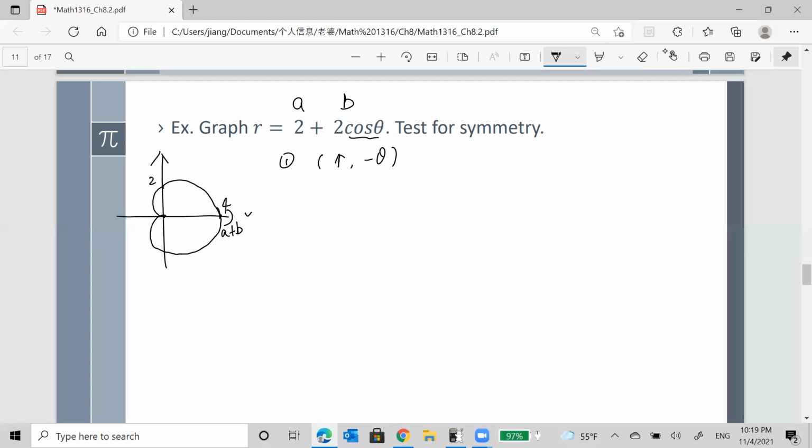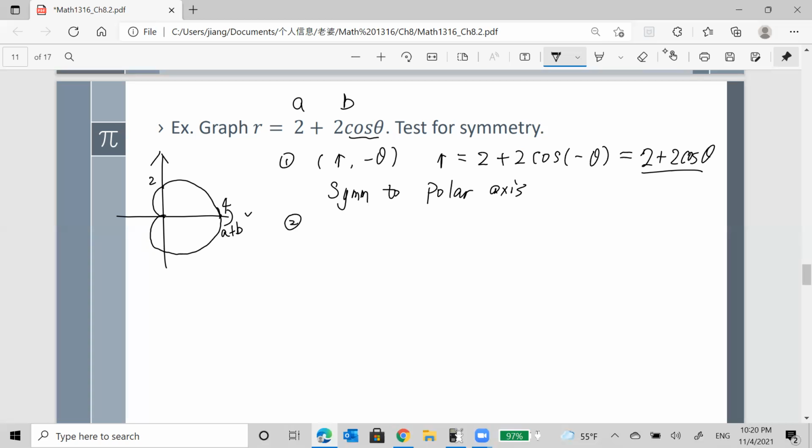If I plug it into the equation, r equals 2 plus 2 cosine negative theta, which equals 2 plus 2 cosine theta. So this expression and this expression are the same. So I can say it's symmetric to the polar axis.